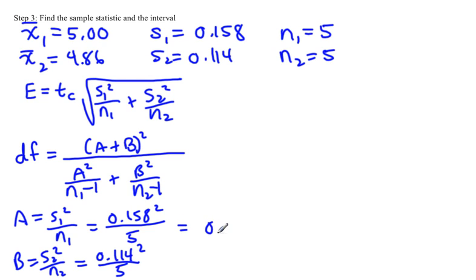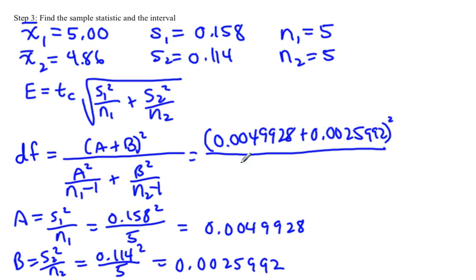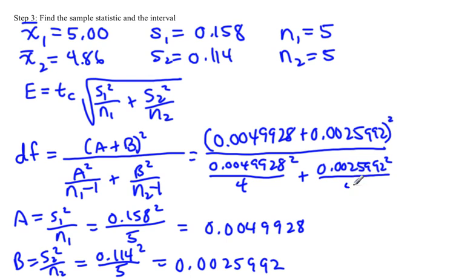So A turns out to be approximately 0.0049928, and B turns out to be 0.0025992, and that gives us (0.0049928 plus 0.0025992) squared over the top of (0.0049928 squared over 4) plus (0.0025992 squared all over again 4).